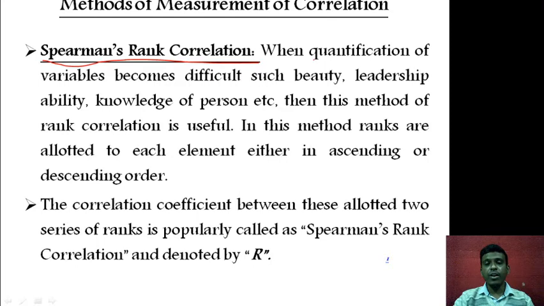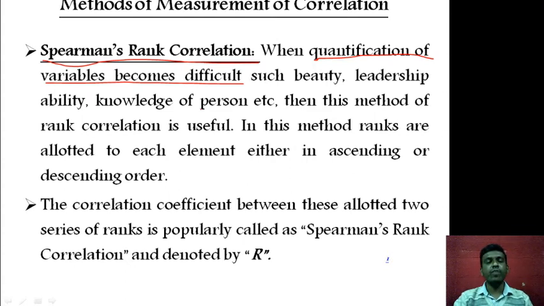But when quantification of variables becomes difficult, such as beauty, leadership ability, knowledge of a person, we cannot measure it in terms of numbers. We cannot say that he is 5 out of 10 for beauty. The attributes are a little different, and the quantification of these variables is difficult.